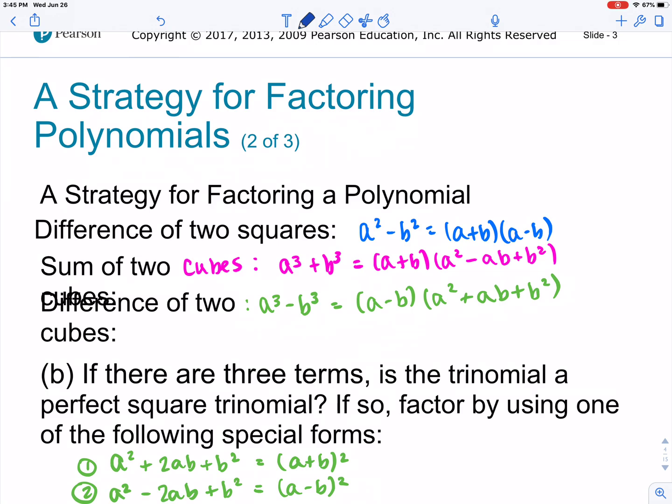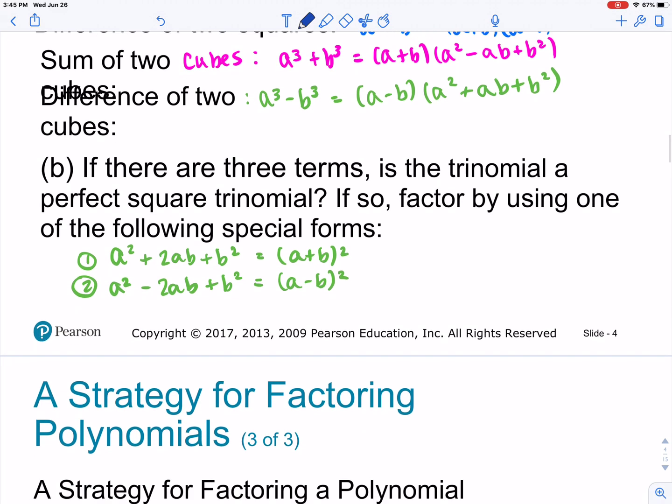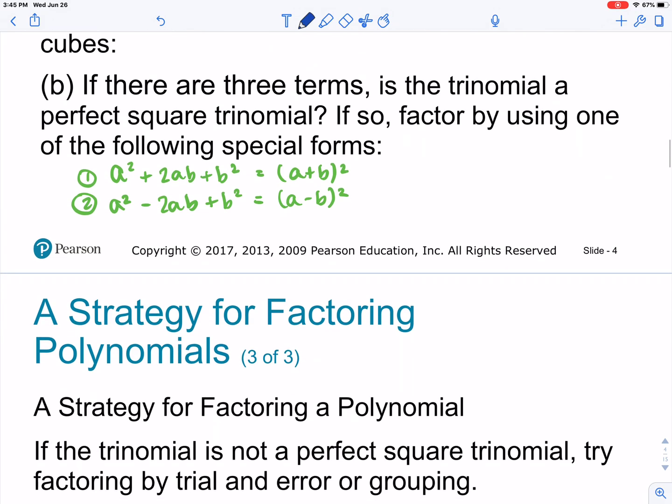If you have a binomial and it doesn't represent one of those, then you can't factor it any further than what it is. Then if there are 3 terms, you want to see if it can be factored using the special formula a squared plus 2ab plus b squared, or a squared minus 2ab plus b squared. Like I was telling you in the other video, I just go ahead and factor those into my 2 brackets.